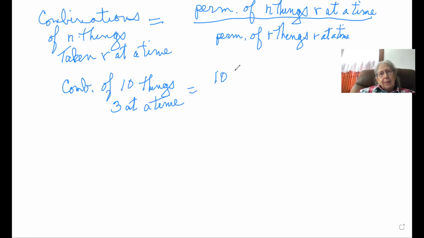That's 10 times 9 times 8. That's what we did in the last video. Then we divide by the number of permutations of 3 things taken 3 at a time. So that's 3 times 2 times 1.